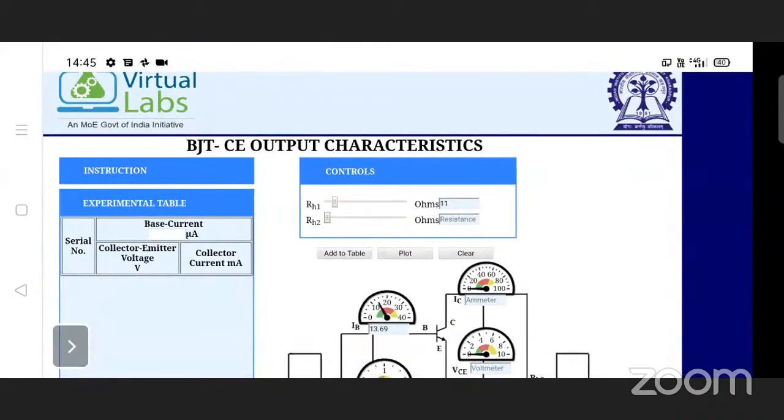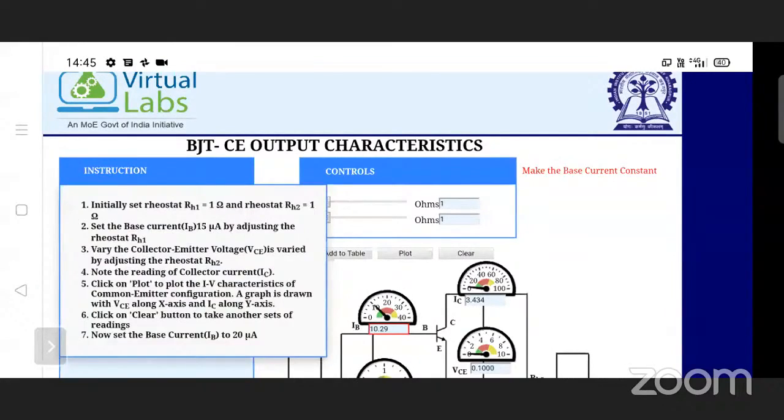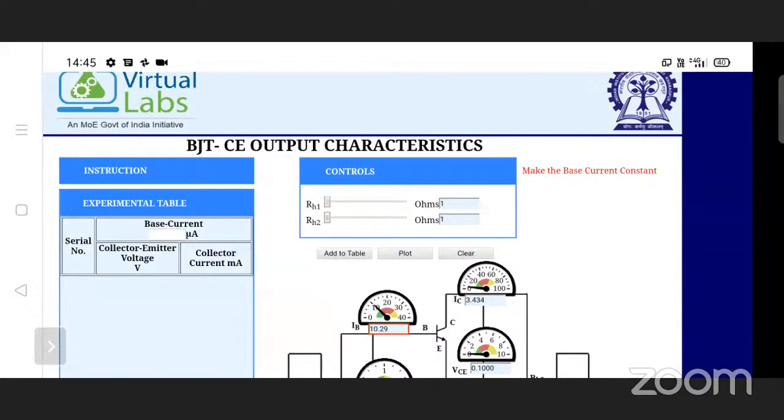In this output characteristics, set RH1 and RH2 to 1 volt, then set the base current IB to 15 microampere by adjusting this rheostat RH1.